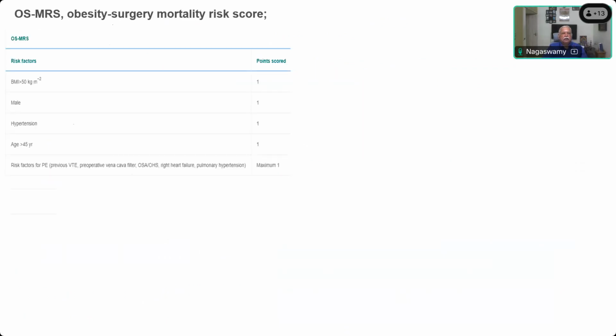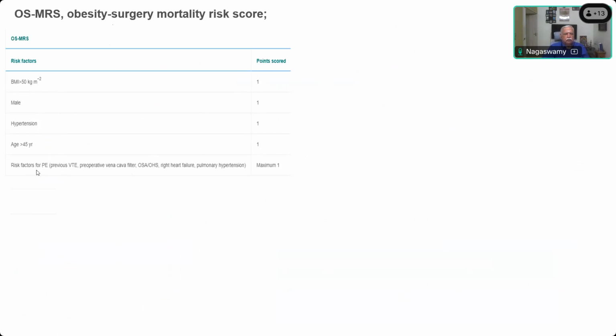Then there is a scoring system called OS-MRS, the Obesity Surgery Mortality Risk Score, where you can calculate the risk involved. If BMI is more than 50, you give 1 point. Male patients have a higher risk, so another 1 point. Presence of hypertension, 1 point. Age of the patient more than 45, 1 point.